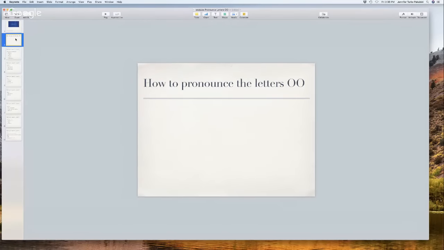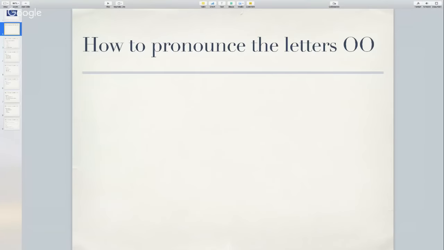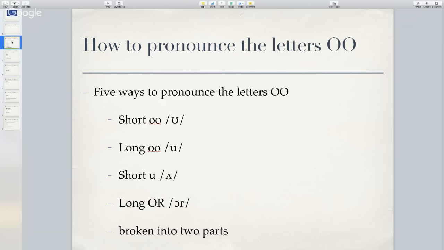All right, so we're going to talk about how to pronounce the O letters. So most of you know letters are a nice guide, but they are not always a perfect recipe for pronunciation. So today we're talking about 2 things, pronunciation and spelling.